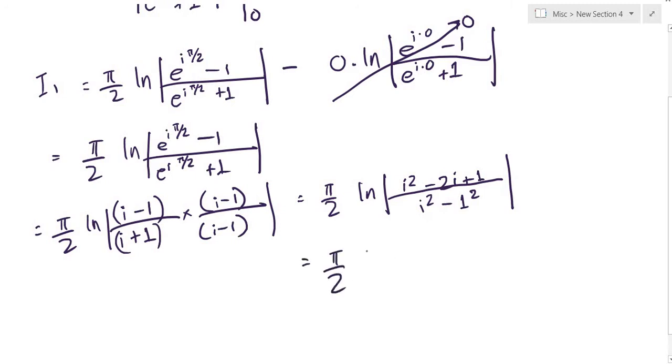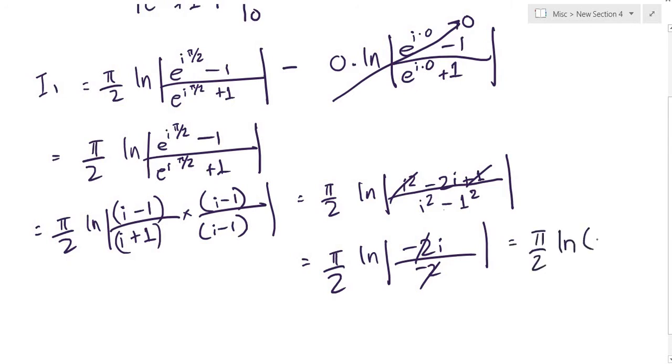So that's going to be pi over 2 times the natural log of, i squared is negative 1, and this positive 1 is going to cancel out. You have negative 2i divided by i squared is negative 1, minus 1 is negative 2. So we have pi over 2 times the natural log of i.